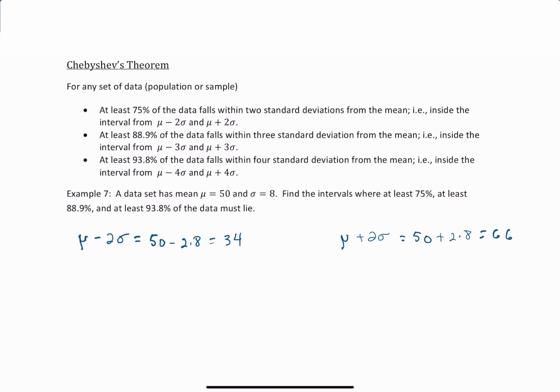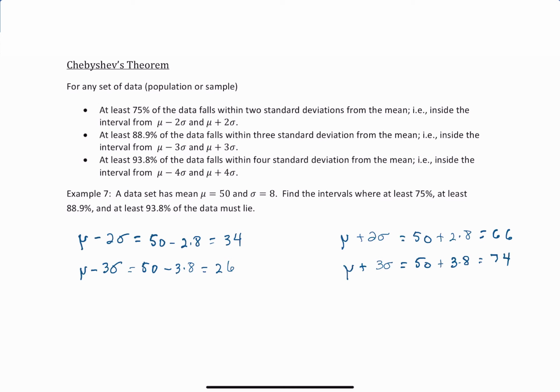At least 88.9% of the data lives between mu minus 3 times sigma and mu plus 3 times sigma. So with these numbers, that's 50 minus 3 times 8, which is 26, and 50 plus 3 times 8, 50 plus 24 is 74.